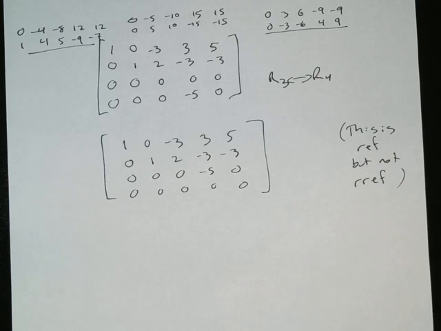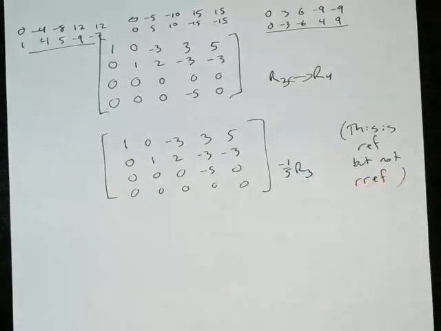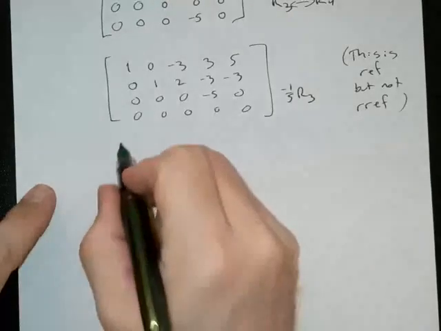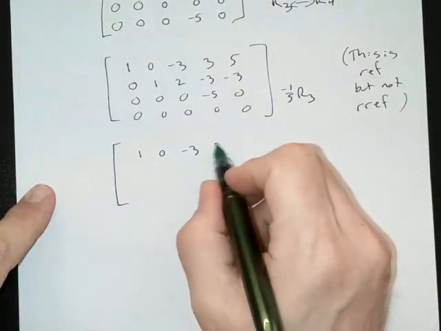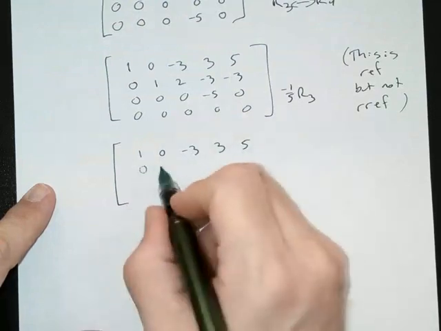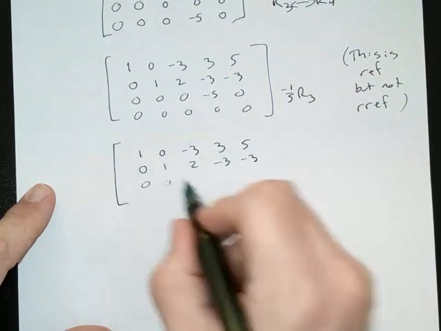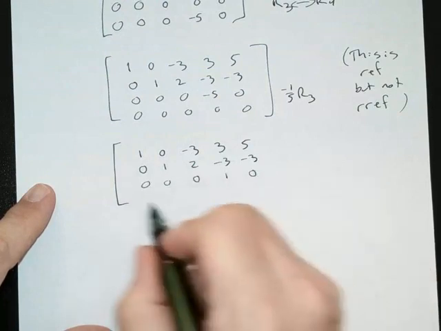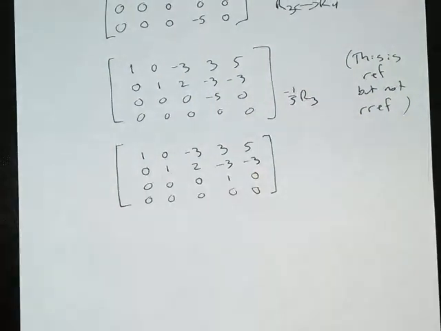It's not only below the pivot, but above the pivot. There's my make it a 1.